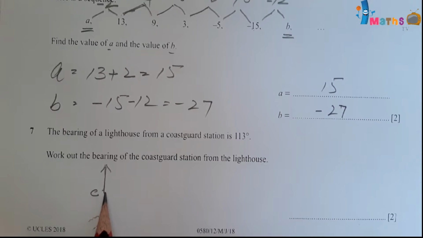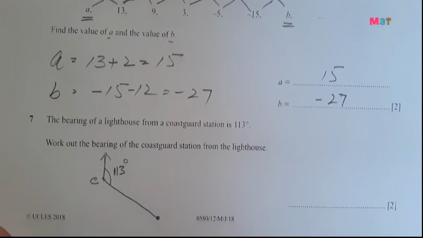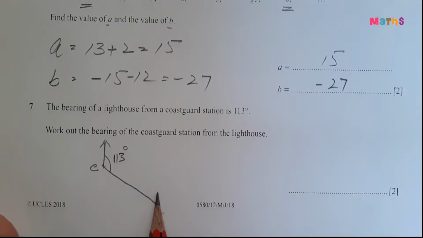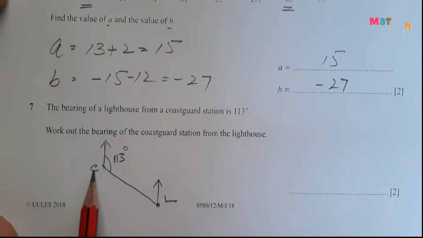So from coast guard to lighthouse, for example, if lighthouse is here, this is the bearing, and this is 113 degrees, and then if we draw north on coast guard, it will be this one, and this is lighthouse and this is coast guard.